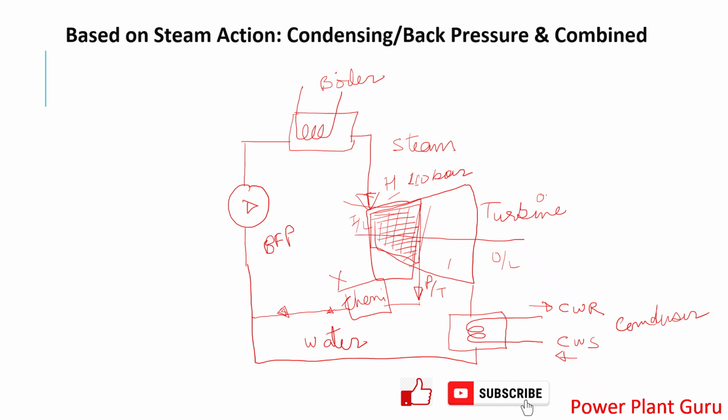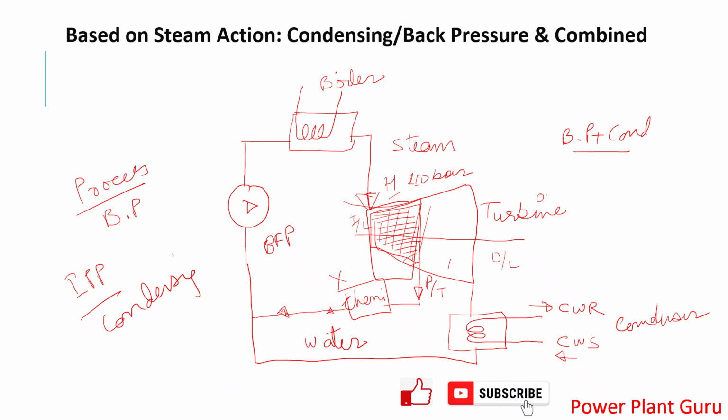So many a time you have back pressure plus condensing type of application in a plant, and there are process plants where you have only back pressure, and like in an independent power plant you have mostly condensing cycle only.